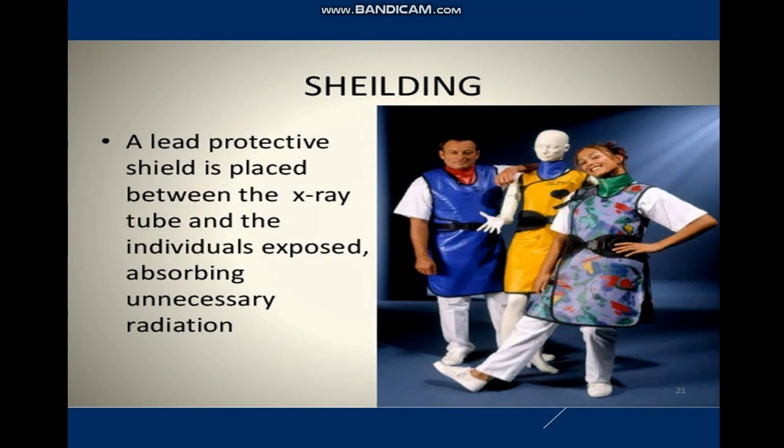Okay, and finally, an important protective measure from the damaging action of ionizing radiation is shielding. Shielding materials include the lead protective shield. In this way, a lead protective shield is placed between the X-ray tube and the individuals exposed, absorbing unnecessary radiation.